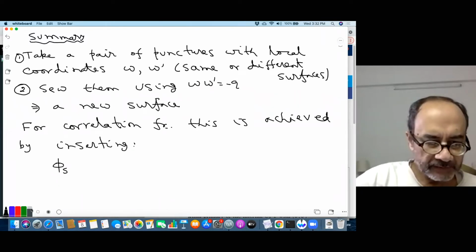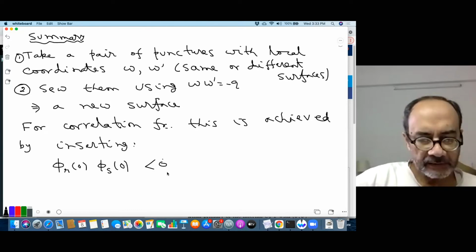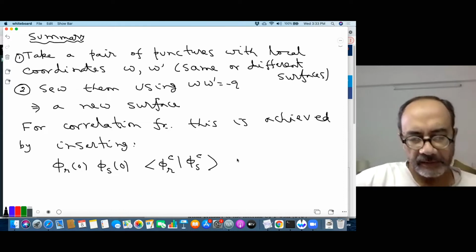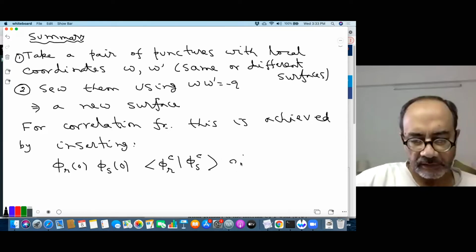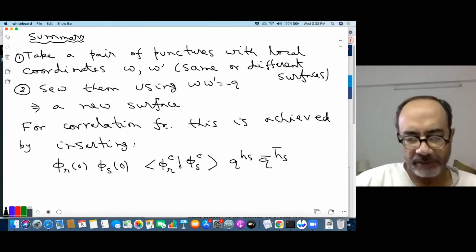We had phi r of 0, phi s of 0, then phi r c, phi s c, and then minus q to the h s, q bar to the h s bar, where h s and h s bar are the L0 conformal weights of phi s, which is the same as the conformal weight of phi s c or phi r c.